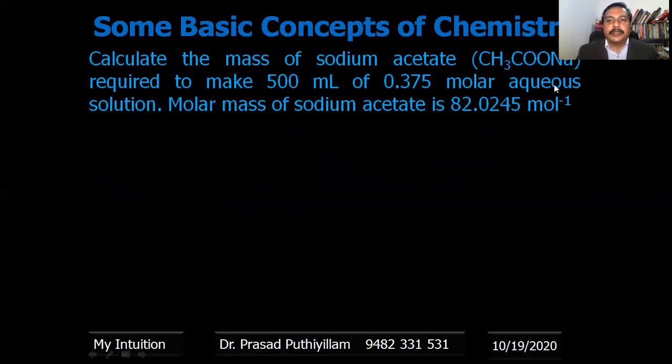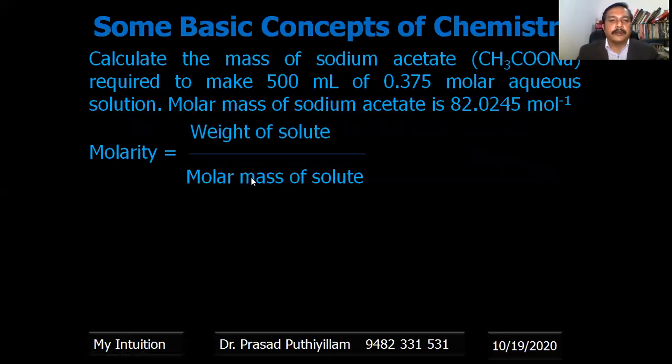Calculate the mass of sodium acetate CH3COONa required to make 500 ml of 0.375 molar aqueous solution. Molar mass of sodium acetate is given as 82.0245 g per mole. We know molarity can be calculated with this expression: weight upon molar mass multiplied by 1000 upon volume of solution. Molarity, molar mass of solute, and volume of solution are given.